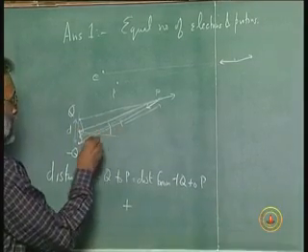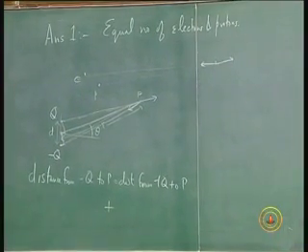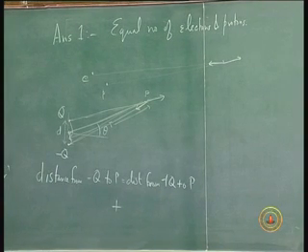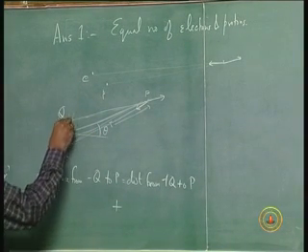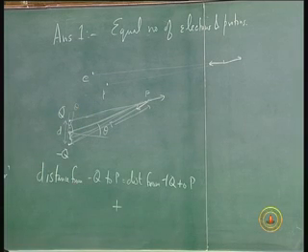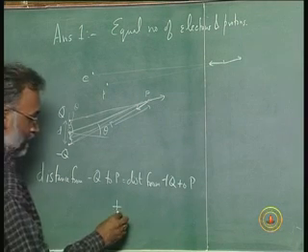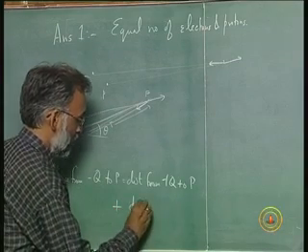And how much is that quantity? Well, it is a standard calculation. You have done it in your optics when you do interference. If you take this angle as theta, that angle is the same as this angle theta, and so you can say that the difference in distance is d sin theta.